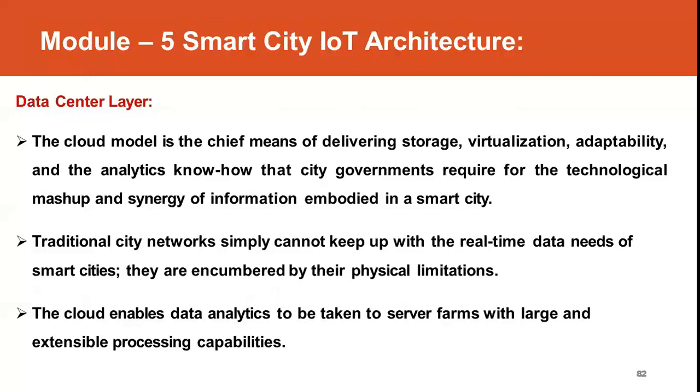Traditional city networks simply cannot keep up with the real-time data that is needed, due to physical limitations. Whereas in smart cities, it is the real-time data that provides meaningful insights on the situations, just like the traffic density.